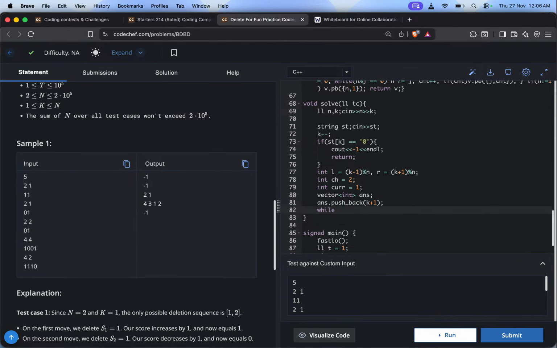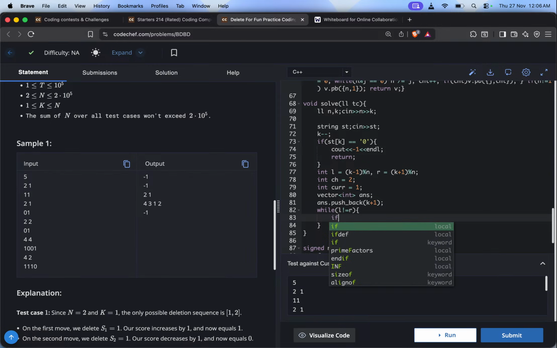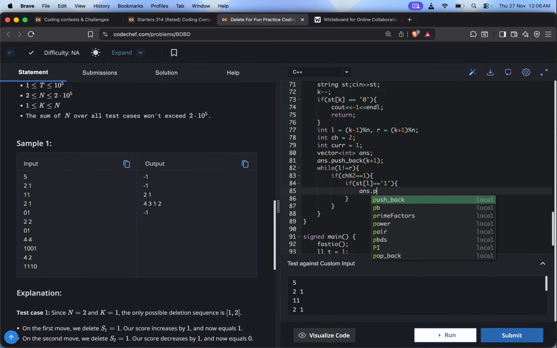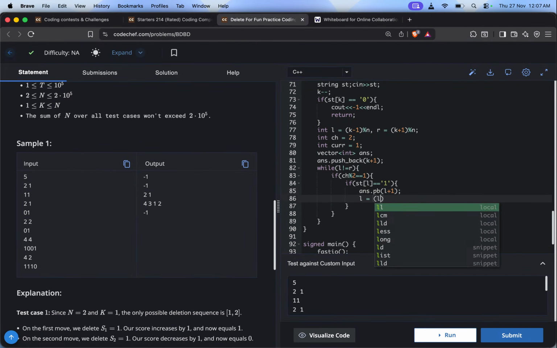Now, unless and until L and R are equal, that is, the array has only one element left, do this operation. If choice is odd, if the left one is 1, we are just finding for 1. Answer push back L plus 1, and L is transformed to L minus 1.